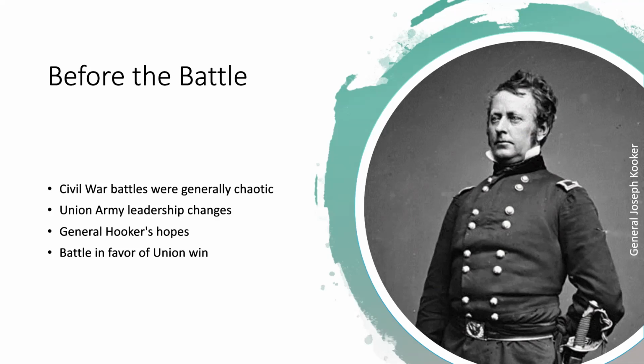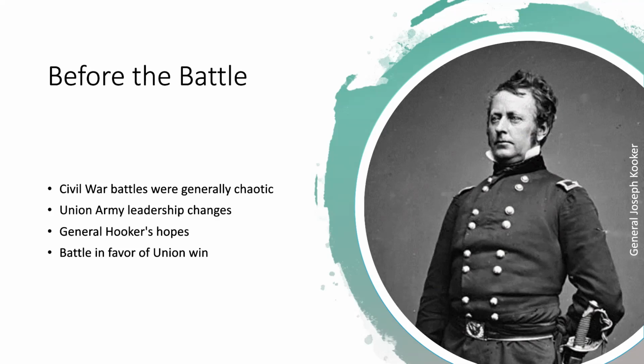Before the war, also the Union Army was going through a lot of leadership changes. Originally, General Ambrose Burnside was leading the Union Army, but he lost the Battle of Fredericksburg in December of the past year. And they didn't like that, so they replaced him with General Joseph Hooker.